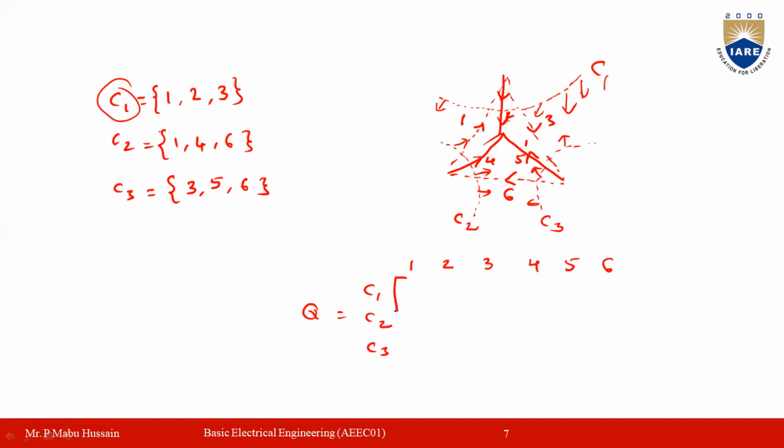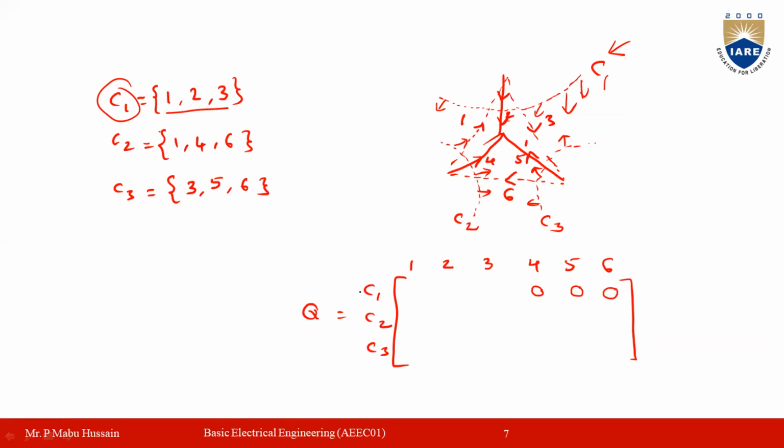If you observe the cut set C1, what are the elements in the cut set? 1, 2, 3. For 1, 2, 3 you will have either 1 or -1, and the elements not in the cut set C1 are 4, 5, 6, so those are represented with zeros.